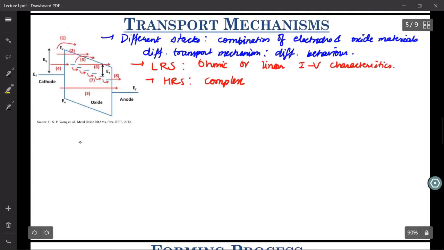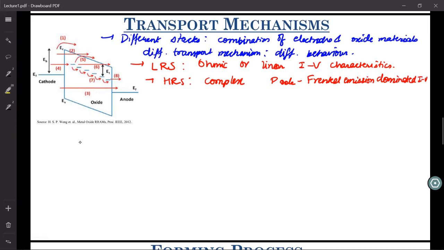In some oxide stacks, people have seen Poole-Frenkel emission dominated IV. In Poole-Frenkel emission dominated IV, you have a relation between I and V as log of I by V proportional to V raised to the power half. This is the kind of IV characteristics that people obtain for some of these oxide stacks.